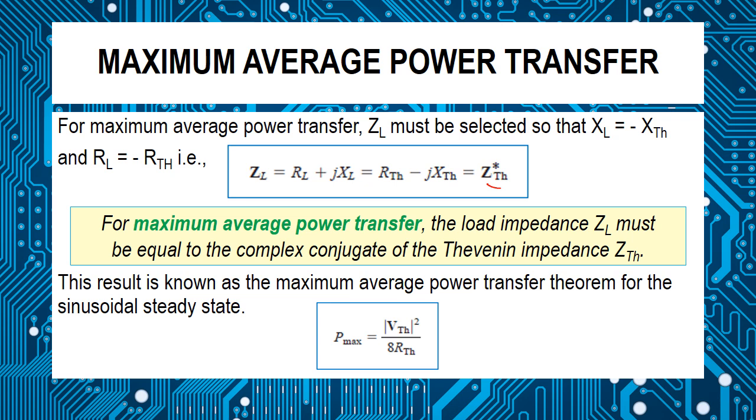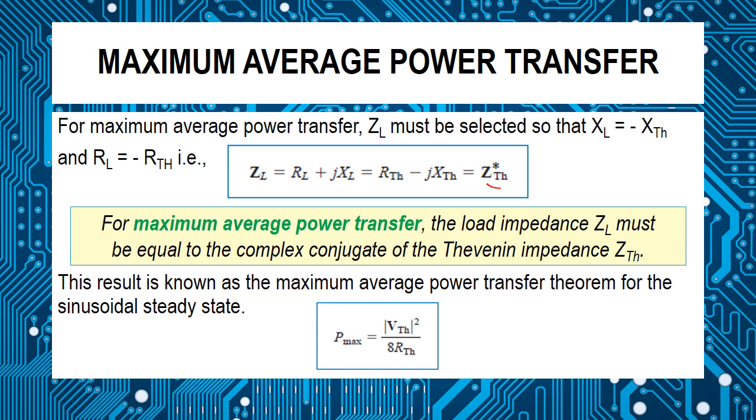So ZL is equal to RL plus JXL equal to RTH minus JXTH. For maximum average power transfer, the load impedance ZL must be equal to the complex conjugate of the Thevenin impedance ZTH. So this one denotes the conjugate of the Thevenin impedance.